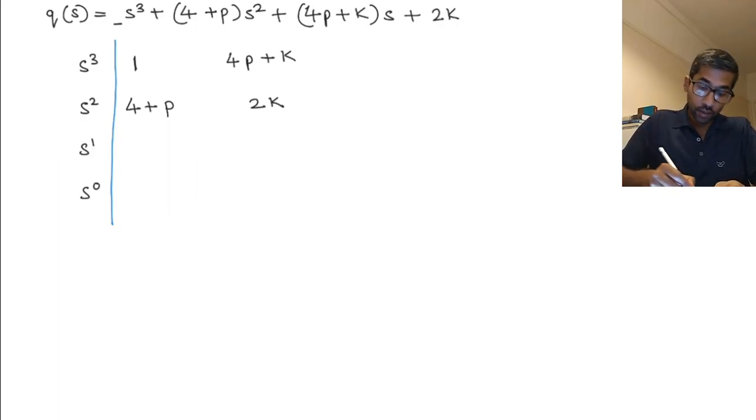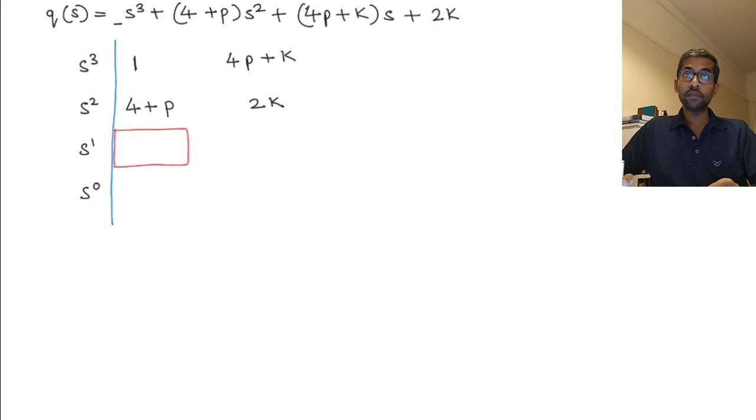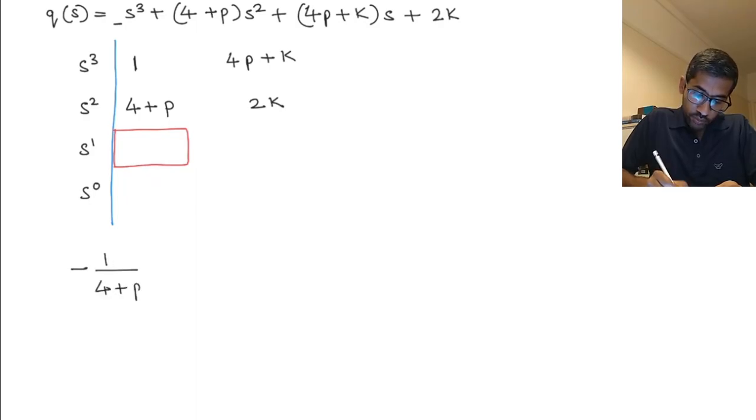Now we want to find out the value at this position. How do we find it? That's going to be minus 1 upon 4 plus p, and we can write a determinant here: 1, 4 plus p, 4p plus k, and 2k.